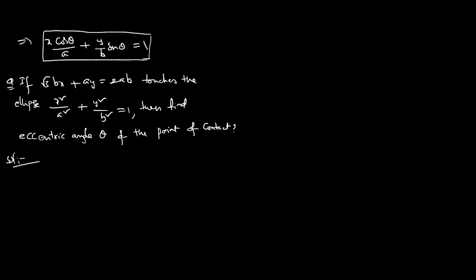So write down. Root 3 bx plus ay is equal to 2ab, what is that? So write down the equation of the tangent. The line touches the ellipse, which means it should be a tangent. So equation of the tangent is what is the answer? Divide with 2ab. That is x by a into root 3 by 2 plus, a cancels, y by b into 1 by 2 is equal to 1. Fine.